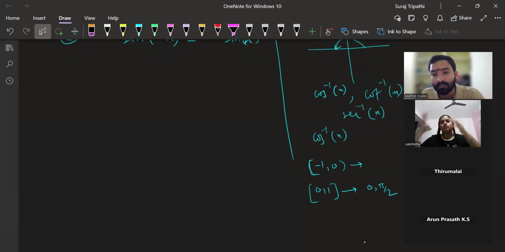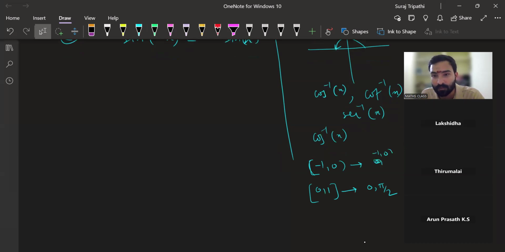If the value of x belongs to -1 to 0, that means negative, then angle will be between pi by 2 to pi, right? And for cot inverse x also, right?